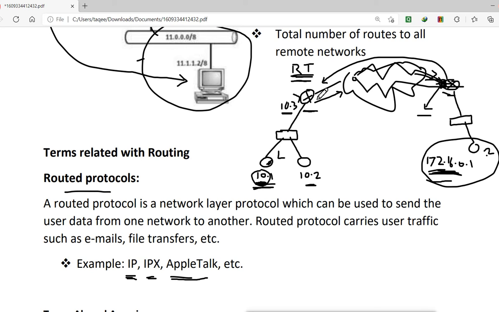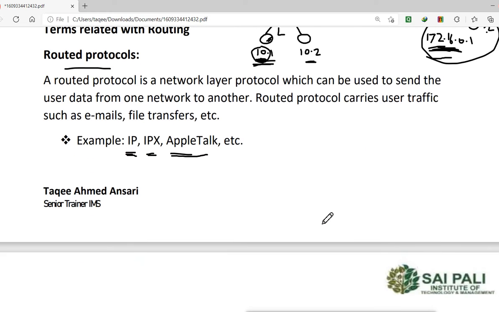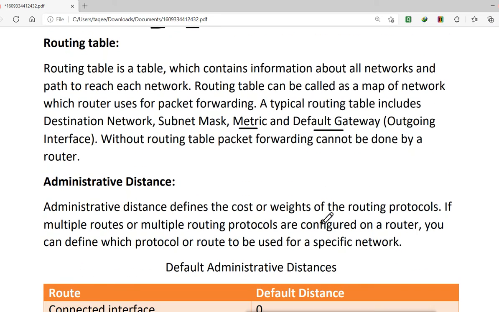Outgoing interface, that means very simple, this interface of our router, where our data is going out for this network. So either we can have the router's outgoing interface information or the gateway information. So this information we will have in the routing table.